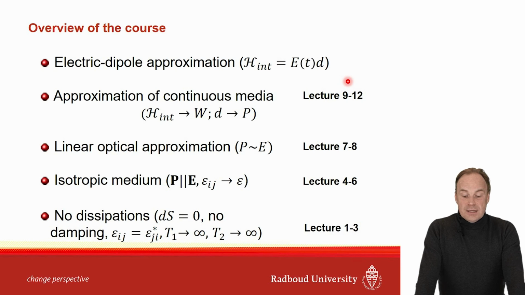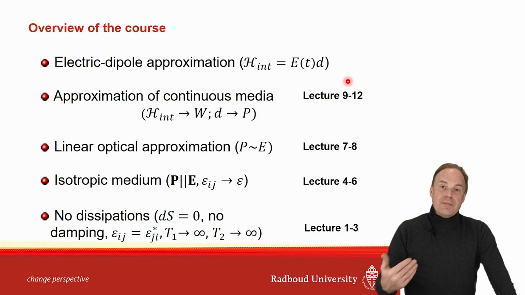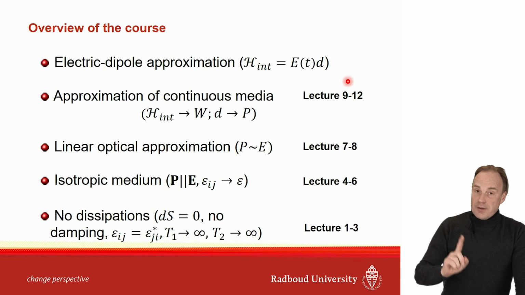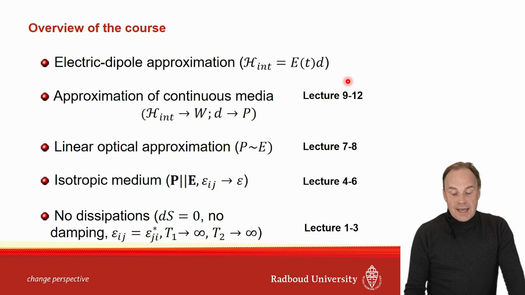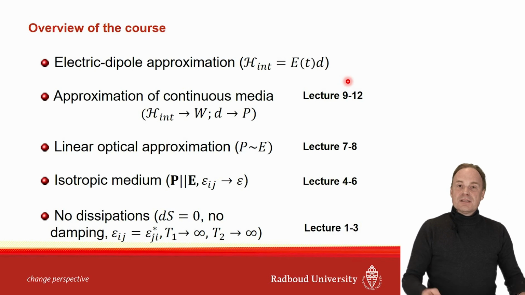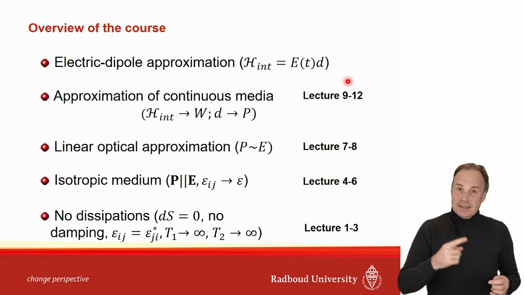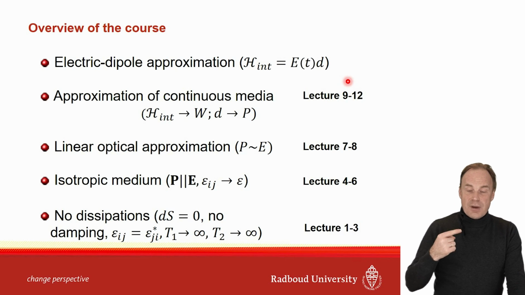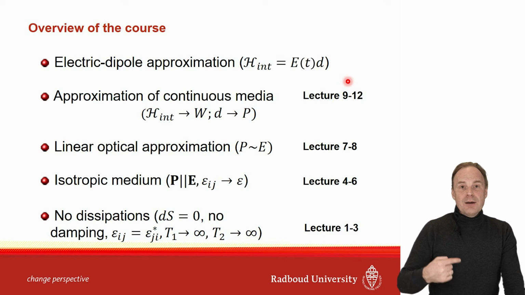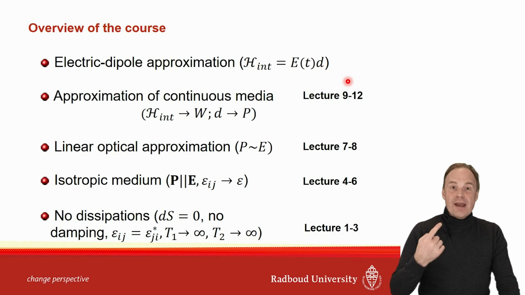So with this, I hope you can have a full picture of what's going on when light interacts with matter, and you can see now we have a good overview of the approximations you can take. And what is very important, although the quantum mechanical treatment of light-matter interaction is very powerful and takes into account nonlinear optical effects, at the same time it's also much more challenging to build a quantum mechanical model for a realistic system.